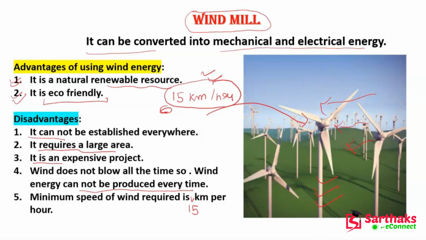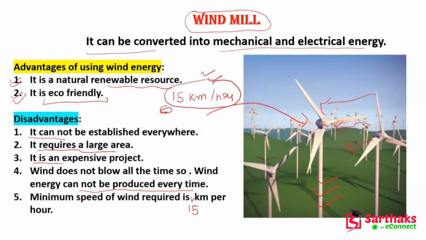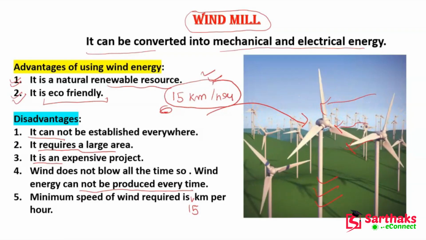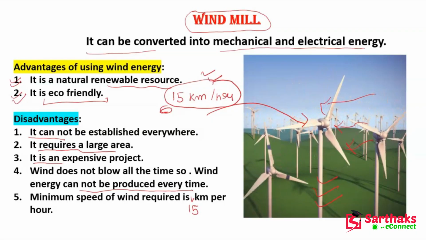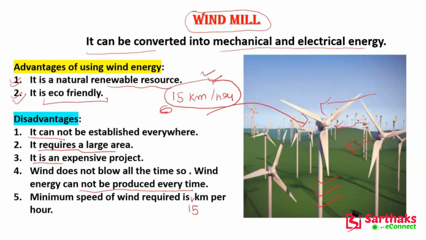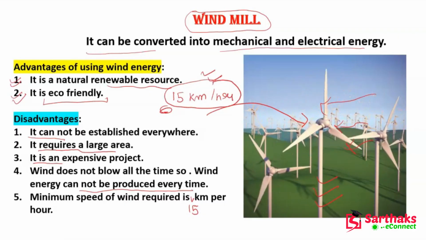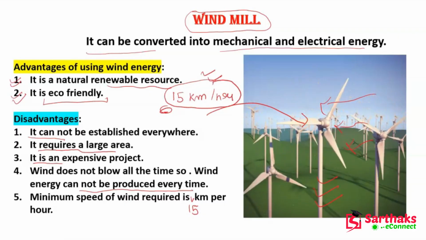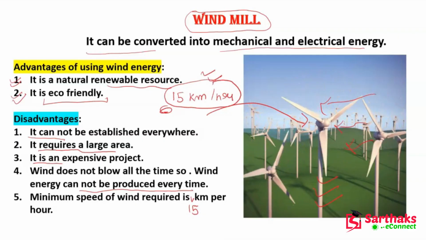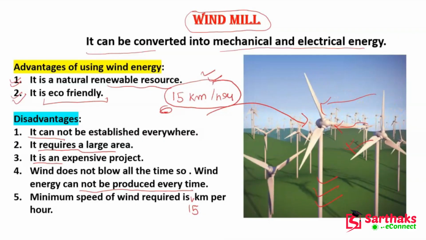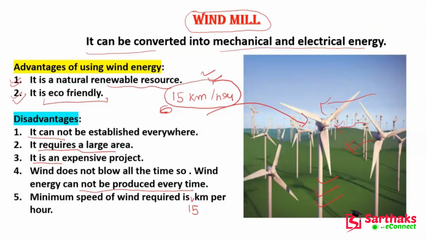And the minimum speed is also a disadvantage because not all wind can generate electricity. The condition here is that it requires 15 kilometer per hour minimum speed to generate electricity. Then only electricity is generated. Otherwise, you cannot generate electricity. So I hope guys now everything is clear to you related to this windmill. So let us move on to the next slide.